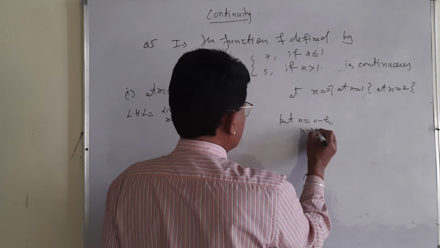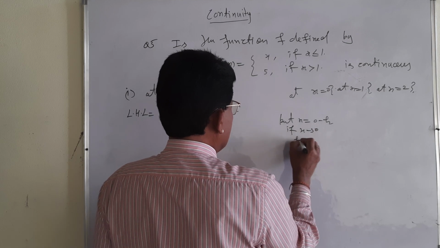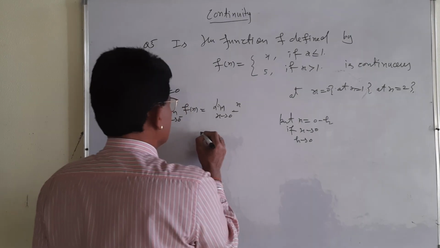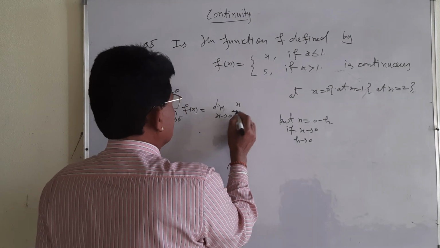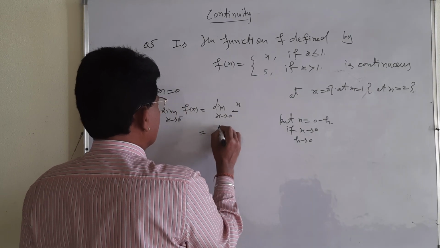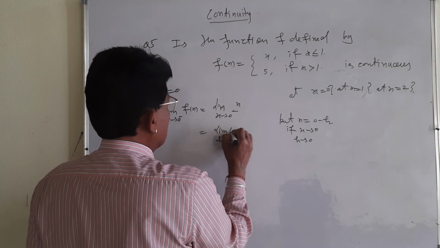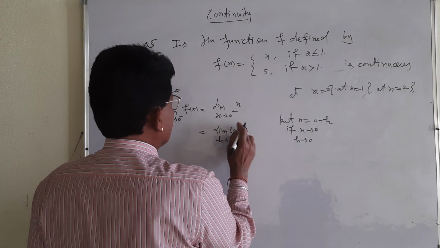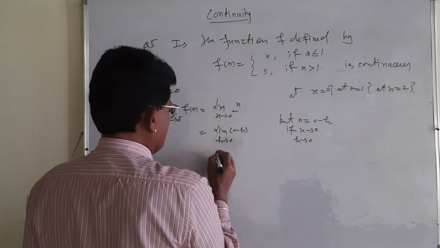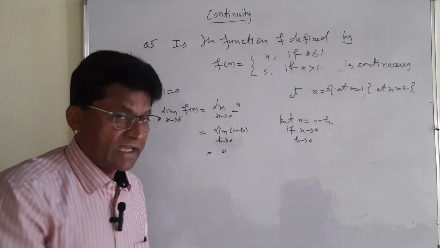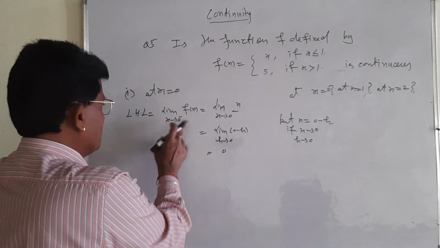If x tends to 0, then h also tends to 0. In place of x will be 0, h will be 0. This is the function, and it will be limit h tends to 0, and in place of x write 0. Take the limit here. In place of h you write 0. That will be 0. That is why left hand limit will be 0.